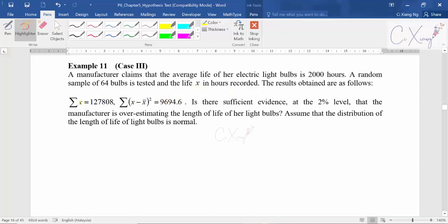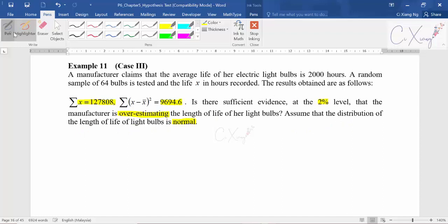You have the summary for the sample values, and they are asking at the 2% level whether the manufacturer is overestimating the length. It will be very similar to what we have just done in example 10. Assume that the distribution of the length of the light bulb is normal.